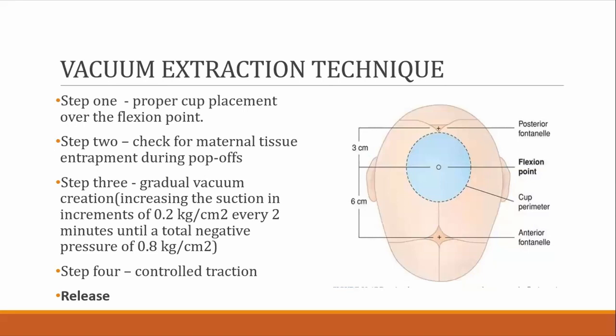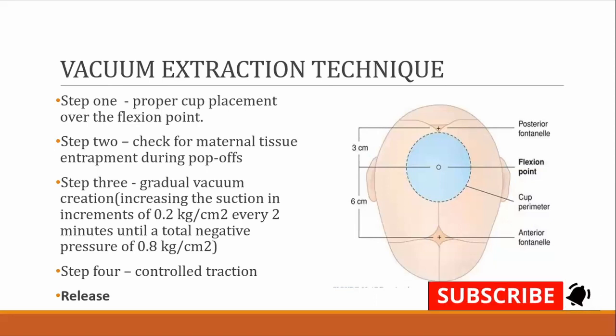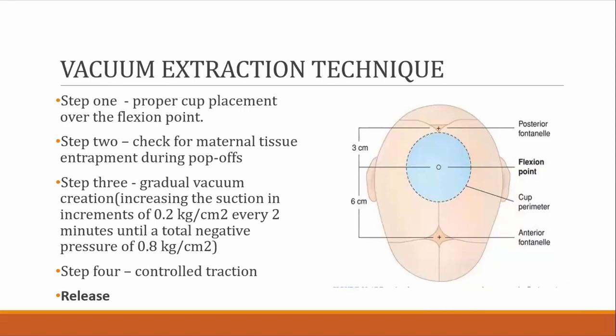We also have to check for maternal tissue entrapment, and gradually increase the negative pressure, increasing the suction between 0.2 to 0.8 kg per cm squared negative pressure. That is the needed and effective pressure in application of vacuum.